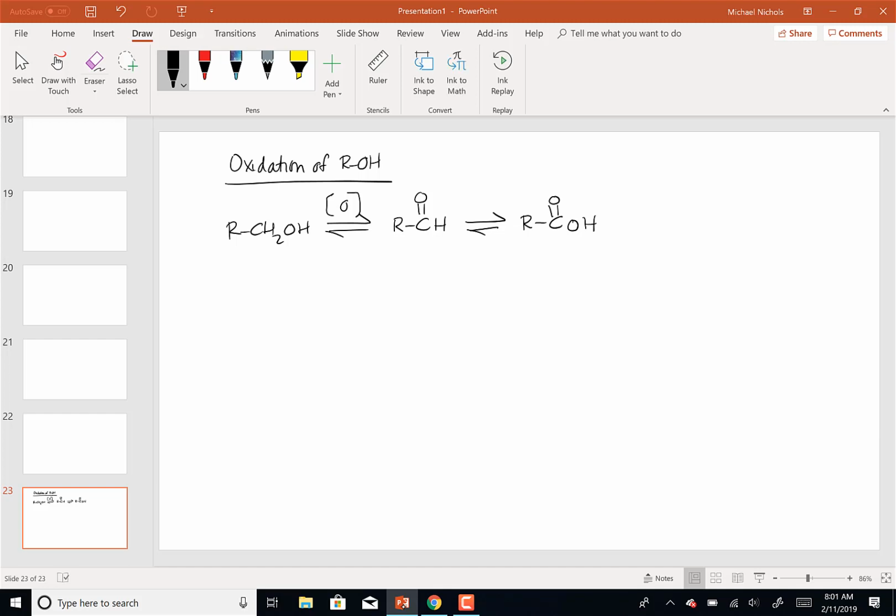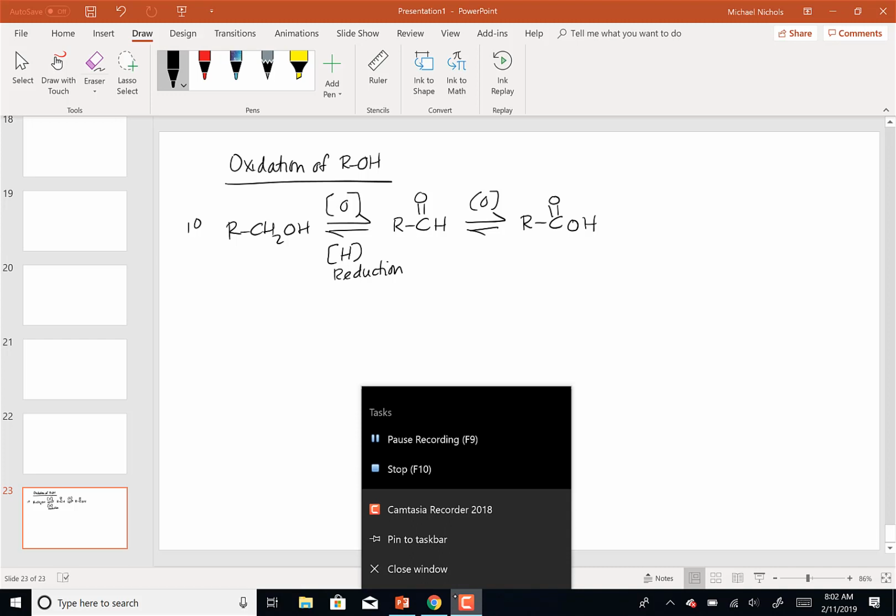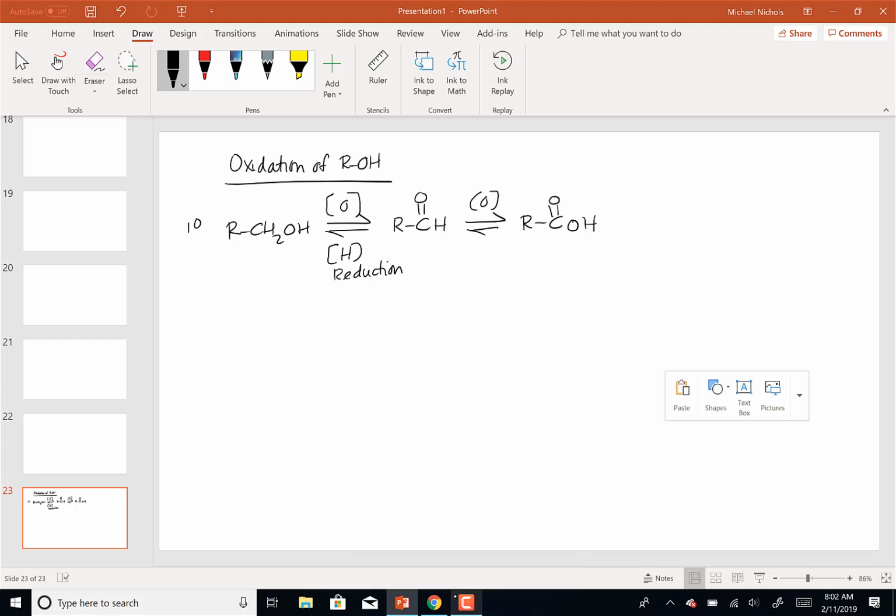And of course we've seen for the reduction that we can reduce an aldehyde to a primary alcohol, and we can also reduce a carboxylic acid all the way down to the primary alcohol. So that's the scheme of oxidation reduction for a primary alcohol.